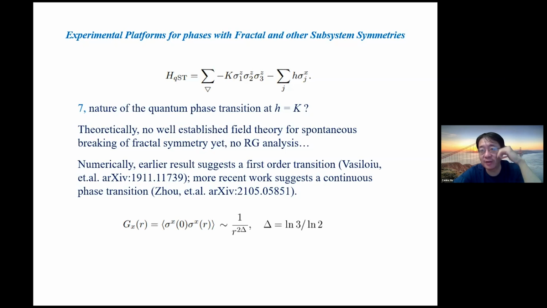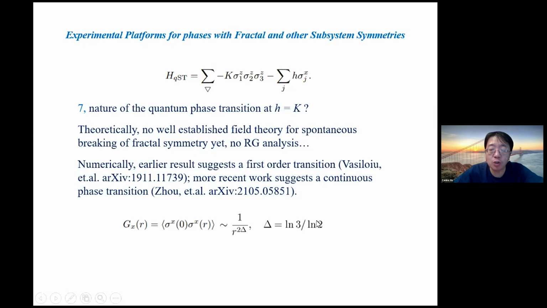We will have to develop a new field theory or RG analysis for this kind of phase transition and check whether these results are universal or not. There's a lot to do to develop a new paradigm to describe the fractal symmetry breaking kind of phase transition. So the goal of this talk is to construct or simulate this model in a real experimental system.